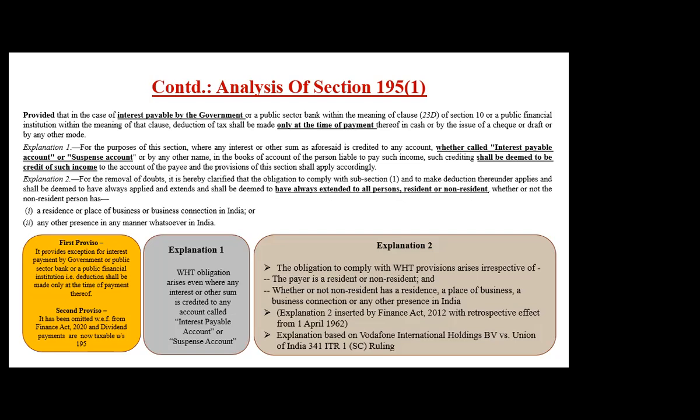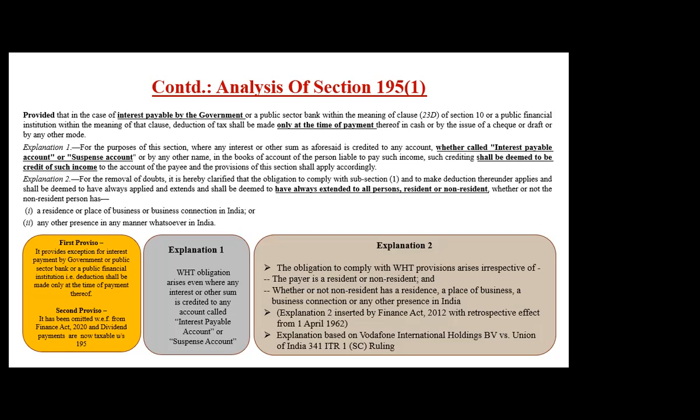Now, dividend is automatically under the ambit of 195(1) because DDT is already gone. There are 2 explanations to 195(1), explanation 1 and explanation 2. Explanation 1 says that by whatever nomenclature, of that sum chargeable to tax or interest, whatever name you give, interest payable, suspense account, whatever, if it is a sum chargeable to tax, TDS has to be deducted.